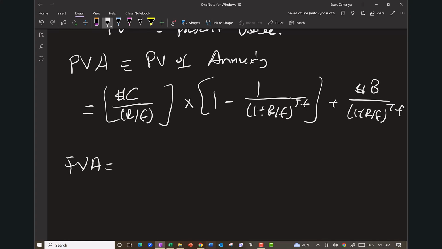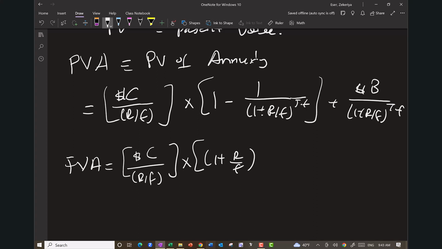Technically speaking, if you know the future value, you can take the present value multiplied by the whole thing, but we're just going to be anal and write the formula times 1 plus R over F raised to the power T times F minus 1 plus $B times.